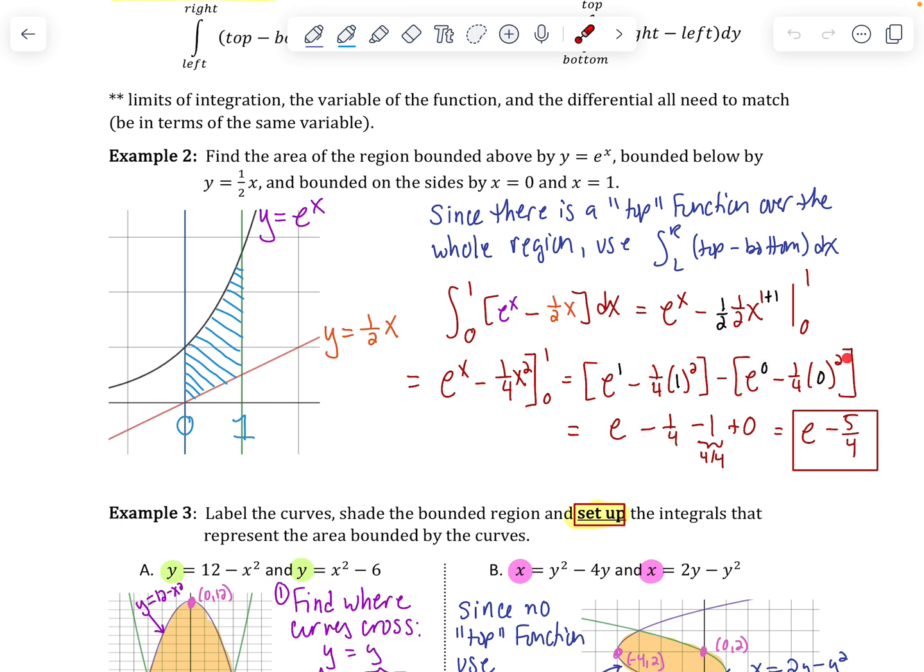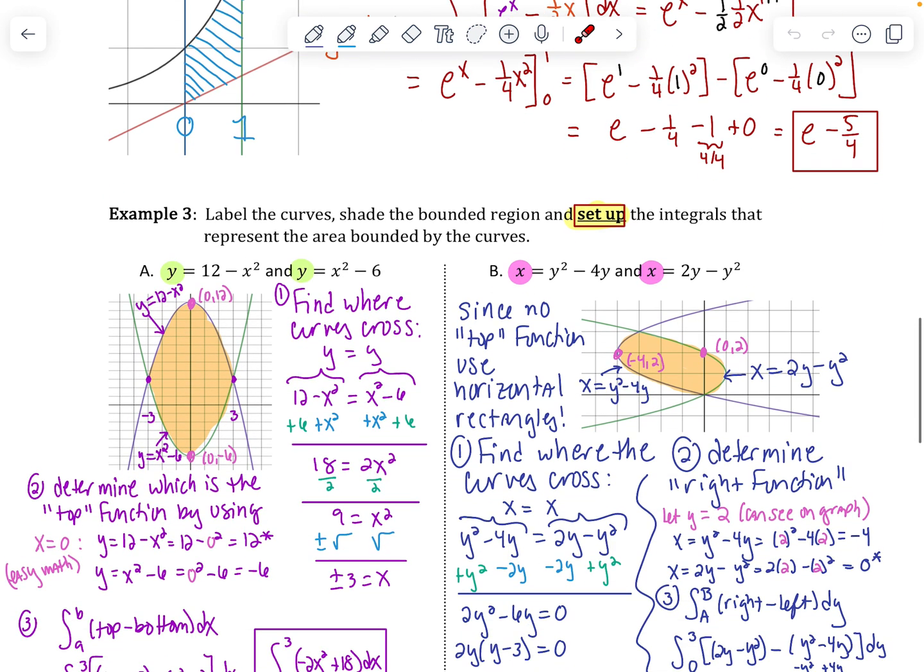Anything to the 0 power is 1, and 0 times anything is 0. You will notice that I distributed my minus sign to make a plus, but since it's 0, it doesn't matter. So other than needing to combine negative 1/4 with 1, which could be rewritten as 4 over 4, I've got e minus 5/4 as my answer.